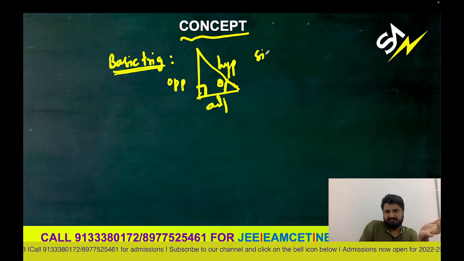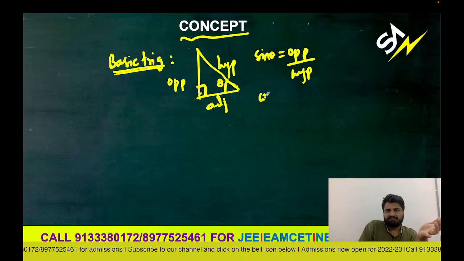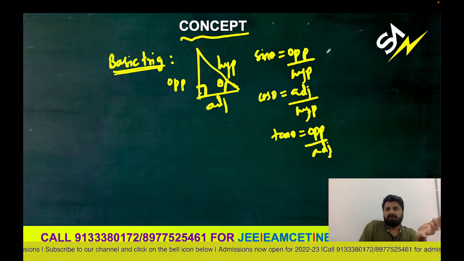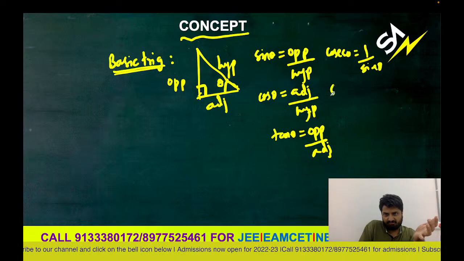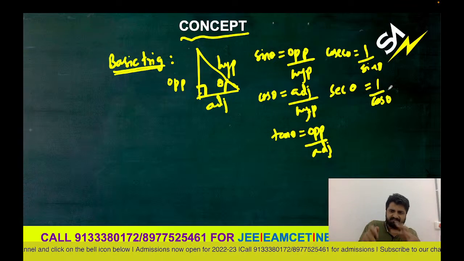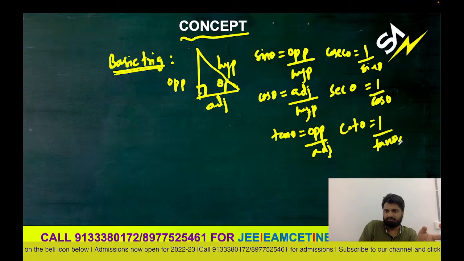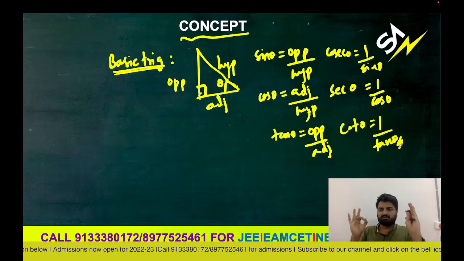So we know sine theta is opposite by hypotenuse, cos theta is adjacent by hypotenuse, tan theta is sine by cos, so opposite by adjacent. Like that you have the reverse of sine, which is cosecant theta, and the reverse of cos, which is secant theta. This is more or less the fundamentals of trigonometry, which I hope all of you know.